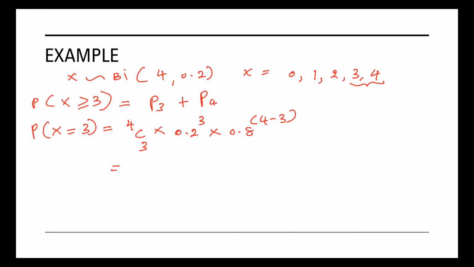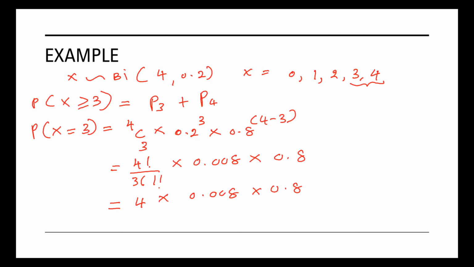So when you solve this, here 4 factorial over 3 factorial 1 factorial gives 4, here 0.008, here 0.8. So the answer is 4 into 0.008 into 0.8, which will be 0.0256.